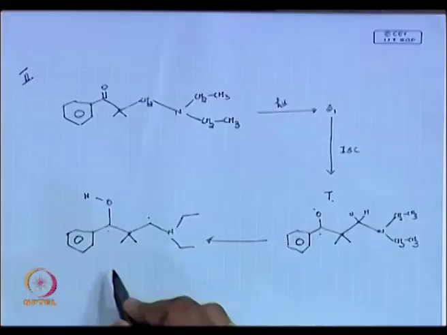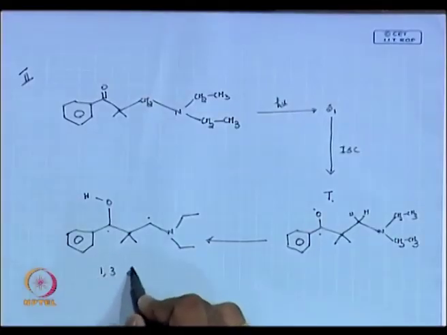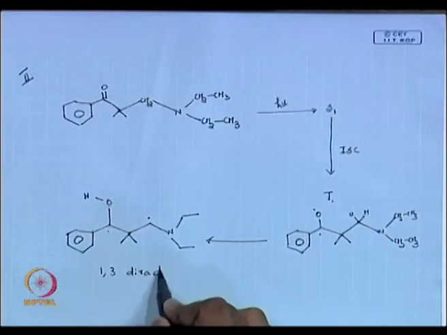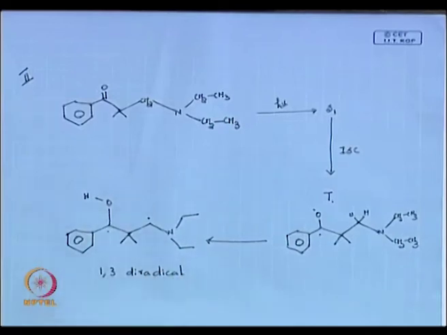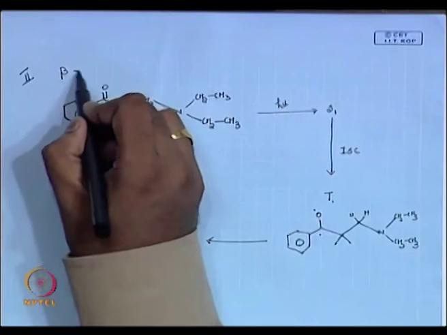What do I end up with? I end up with a 1,3 diradical. So, what can we call this chemistry? We can call this a beta hydrogen abstraction, right. We said gamma hydrogen abstraction earlier.